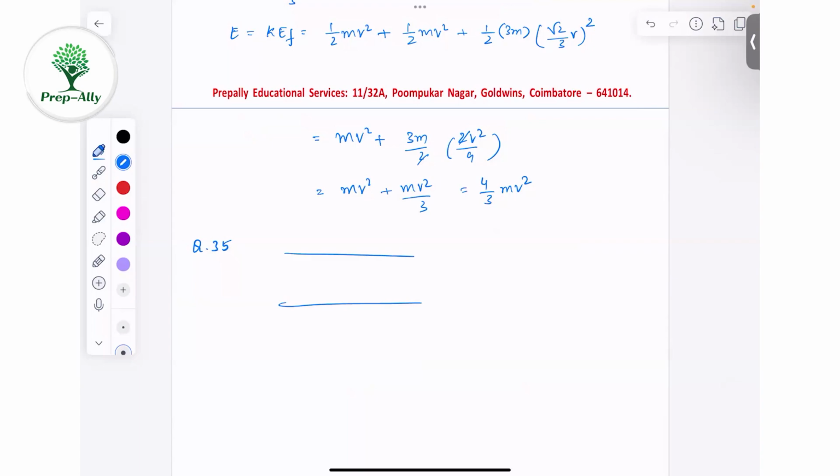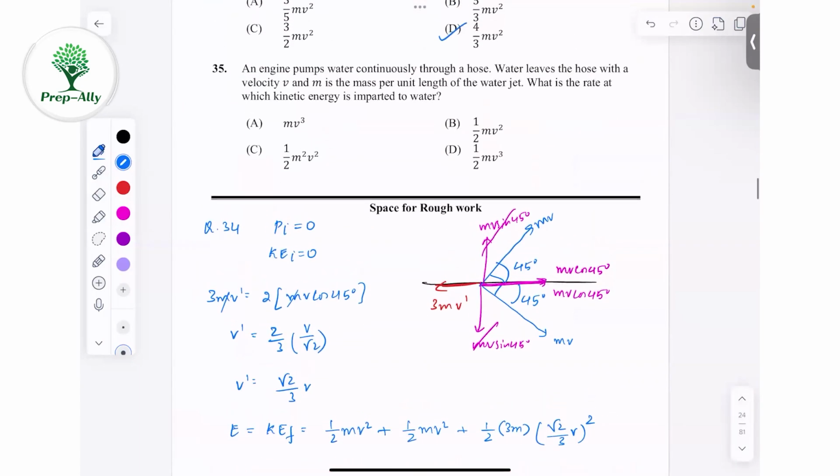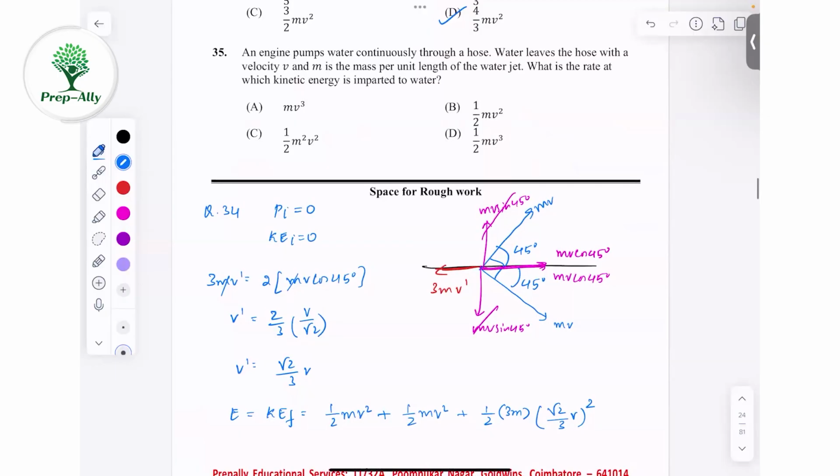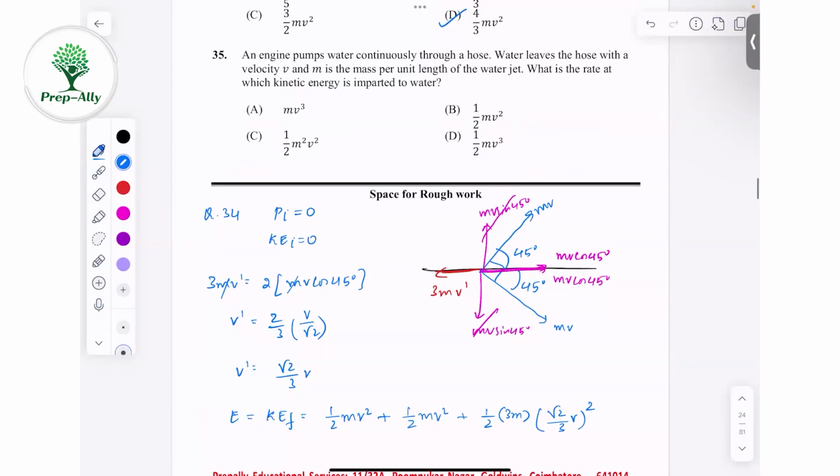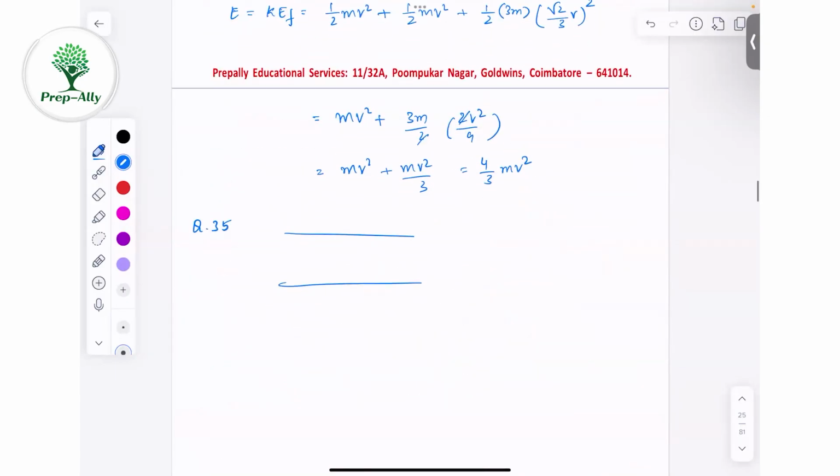There is a hose, and water leaves the hose with velocity v and mass per unit length of water jet. So if you have some length L of the water jet, and this water has a mass m, then the mass per unit length is m by L, which implies the mass of the water there is m into L, coming off with velocity v.